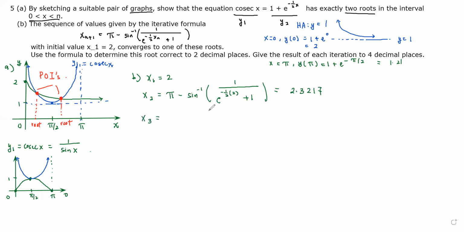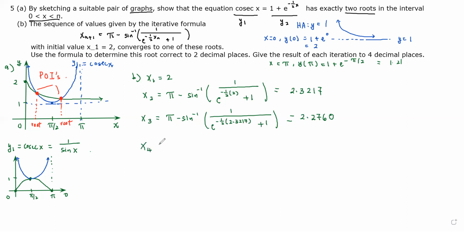Find x sub 3 now. We have pi minus inverse sine of the reciprocal of e to the negative 1/2 times x plus 1, where x is now 2.3217. And we have a value of 2.2760. Both of them do not converge to 2 decimal places.